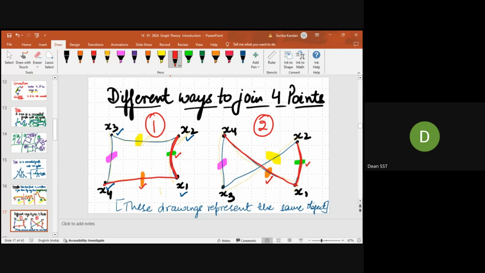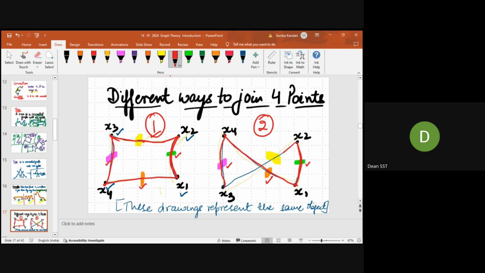Then from X3 to X4, there is an edge in figure 1. From X3 to X4, there is an edge in figure 2. I have represented it with the purple color. And from X2 to X3, there is an edge in one diagram.